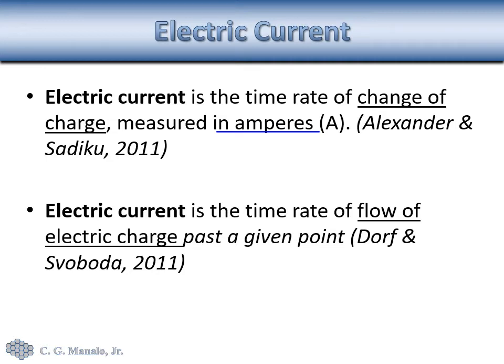Another definition from the book of Dorf and Svoboda: electric current is the time rate of flow of electric charge past a given point. So, for example, here you have a conductor, and this is some point in the conductor, and you take a look at the flow of charges here.